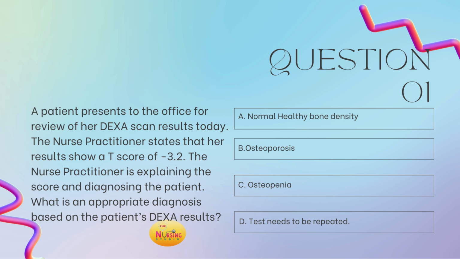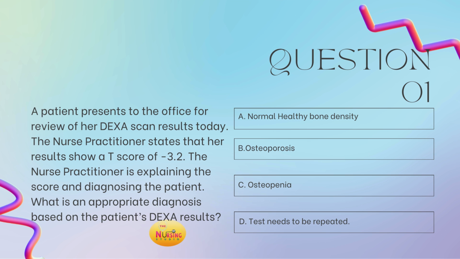All right, you guys, I always recommend reading the stem of the question first so that it slows you down and ensures that you are answering what is even being asked. So here, the stem of the question states, what is an appropriate diagnosis based on the patient's DEXA results? The DEXA scan T-score was a negative 3.2.